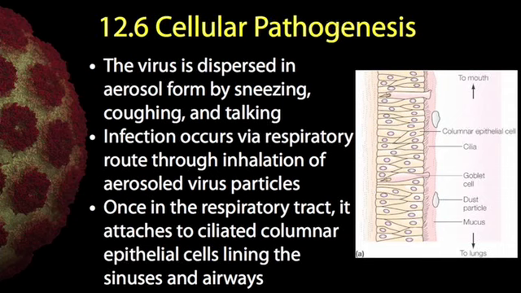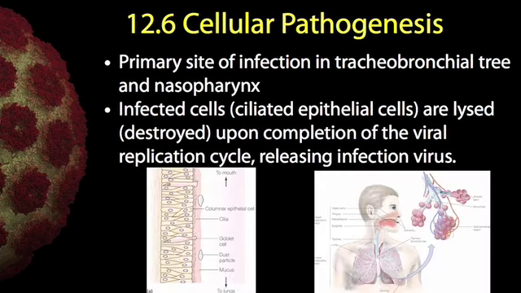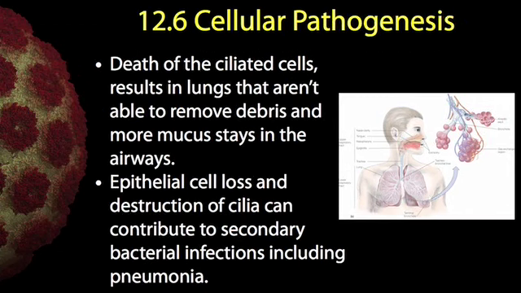And that's where the secondary infections come in. Part of your defense mechanism, right, is that layer of mucus which absorbs bacteria and fungal particles that might be trying to get into your lungs. The ciliated cells move those out. If the influenza virus destroys those ciliated cells, your respiratory tract can't get rid of those bacterial particles.